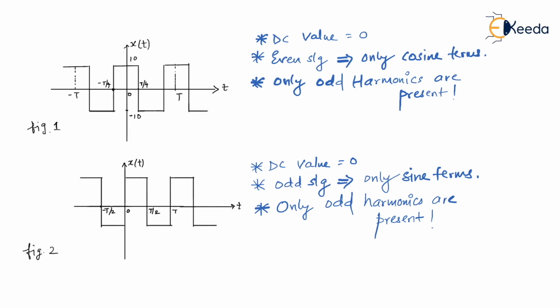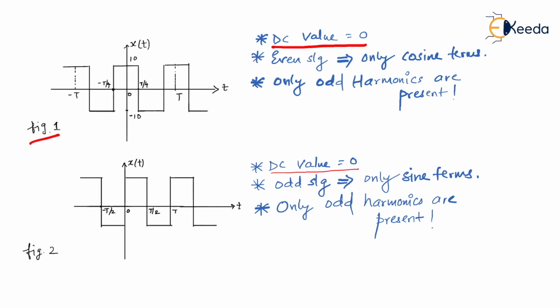So I just want to compare the Fourier series analysis of figure 1 and figure 2, and select common factors out of it. After comparison, you will notice that DC value in both the cases was 0. That is, in case of figure 1, DC value equal to 0, and even in case of figure 2, DC value equal to 0. So this is the first common factor.